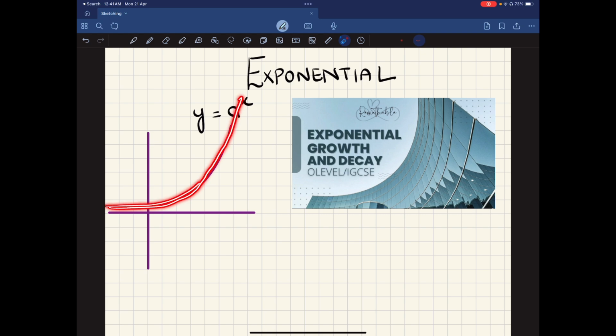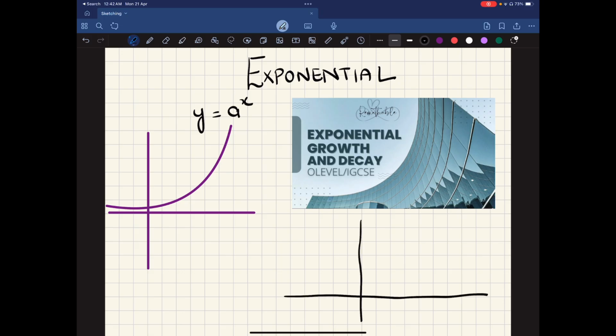There's a growth in y. So the value of y is increasing as you move from left to right. As for decay, as you move from left to right, y decreases. So there is a decay. The value of y is decreasing.